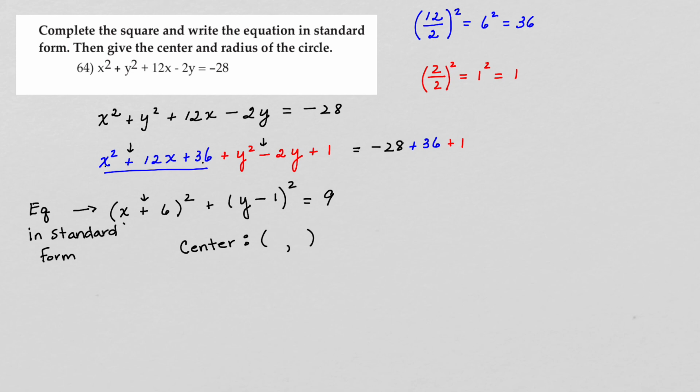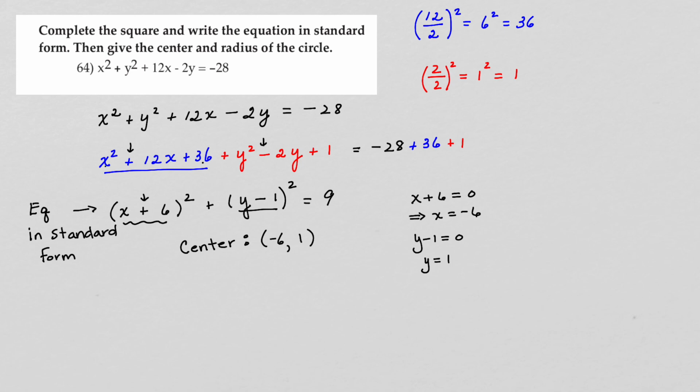So I look at the expression x plus 6. If I set that equal to 0, I would get x equals negative 6. So that's the x-coordinate of the center. And then I do the same thing with y minus 1. Set that equal to 0, and y equals 1.